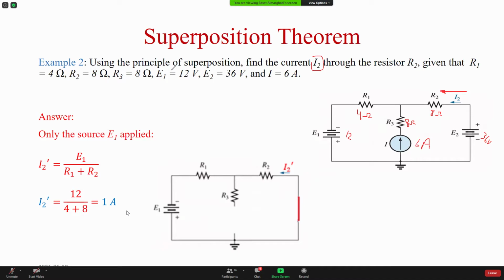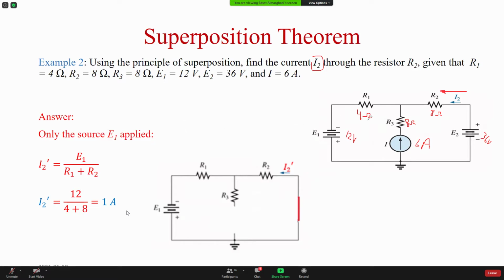So, superposition. I'm going to say it one more time. First thing we do, we have to know how many sources we have. How many sources do we have in this circuit? Three sources. What does that mean? I'm going to have three circuits: a circuit for the first source, a circuit for the second source alone, and a circuit for the third source alone.